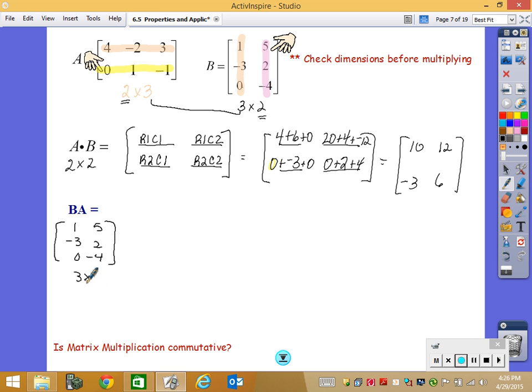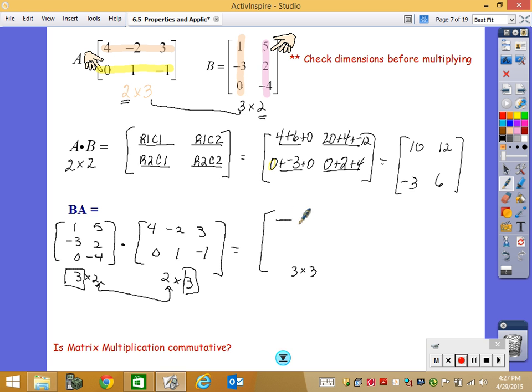That is a 3 by 2 times matrix A: 4, negative 2, 3, 0, 1, negative 1, which is a 2 by 3. Will it multiply this way? Your inside dimensions work. So on the outside, you should get a 3 by 3. So I create 1, 2, 3 rows and 3 columns.